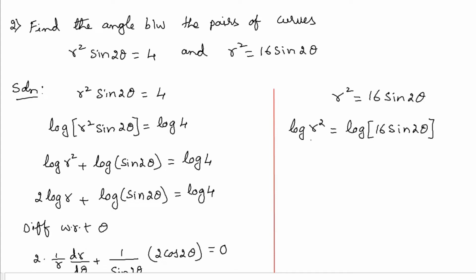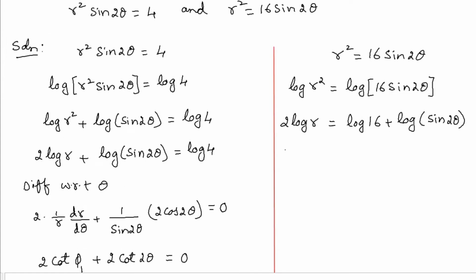So using the properties of logarithm, log r square can be written as 2 log of r, equals, on the right hand side, log of 16 plus log of sine 2 theta.